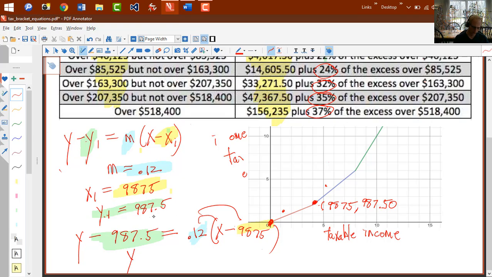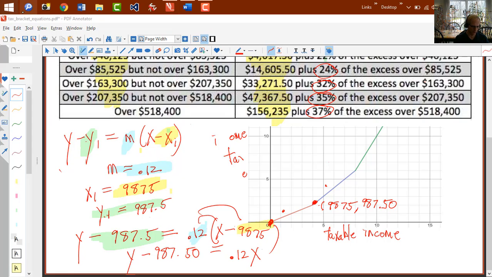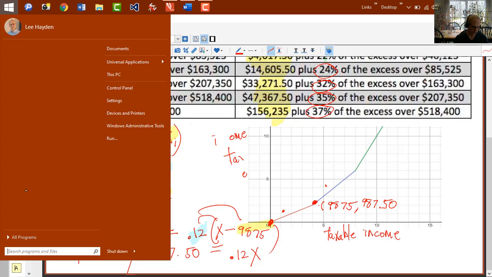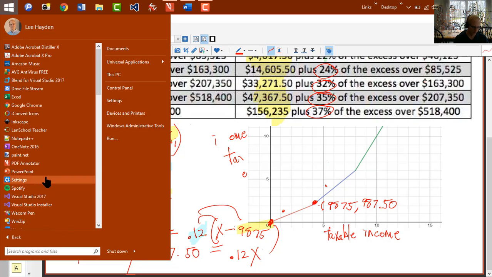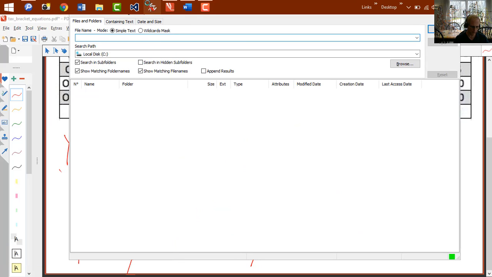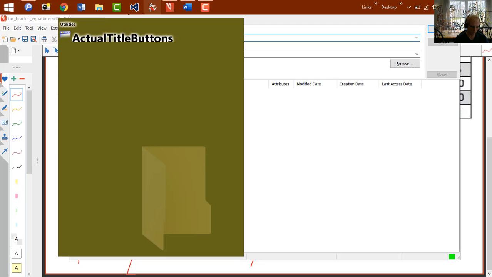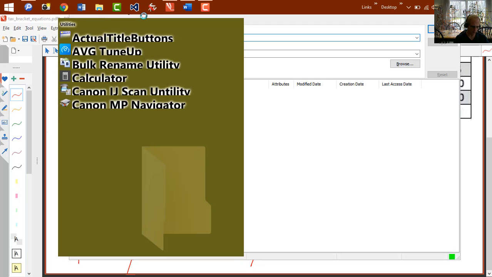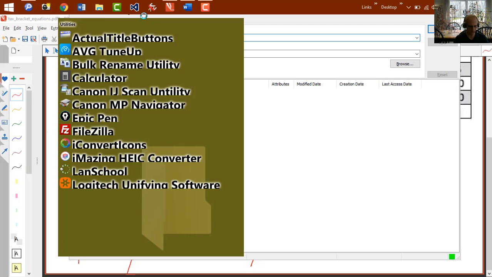So I'm going to get y minus $987.50 is equal to 0.12x, and then let me bring up a calculator real fast. There we go.